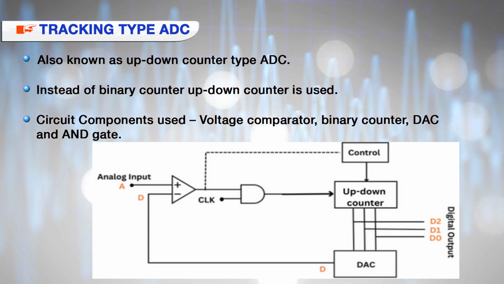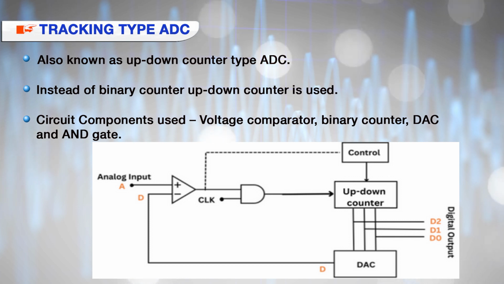Now let us understand a method which is known as tracking type ADC. This ADC is also known as up down counter type ADC. We want to overcome the problem of counter type ADC, where after every sample count, the counter gets reset to 0, which makes the process slow.